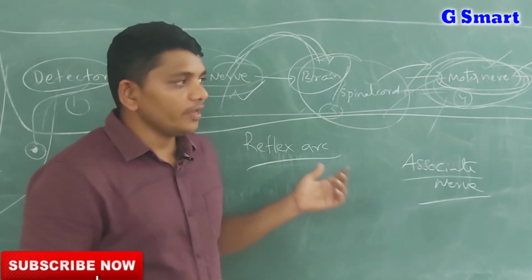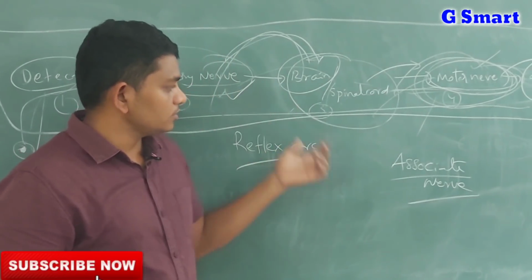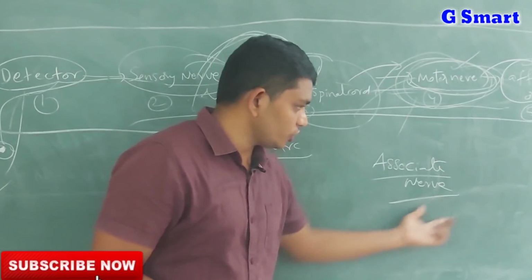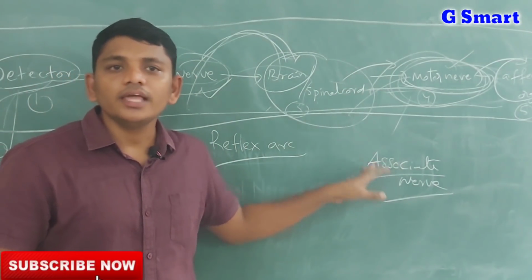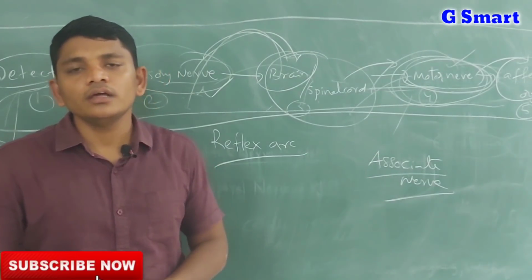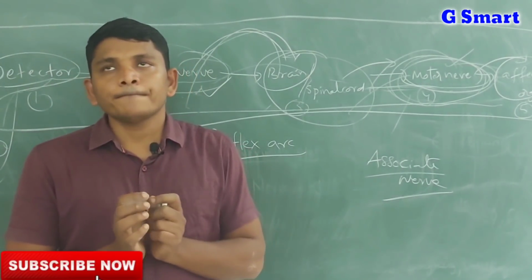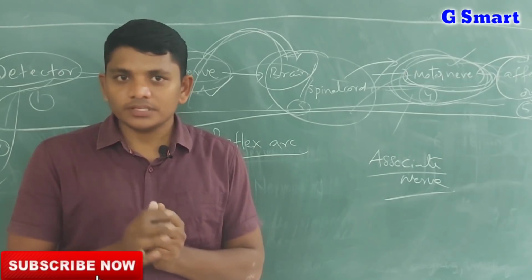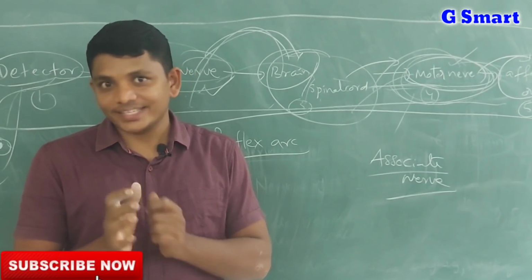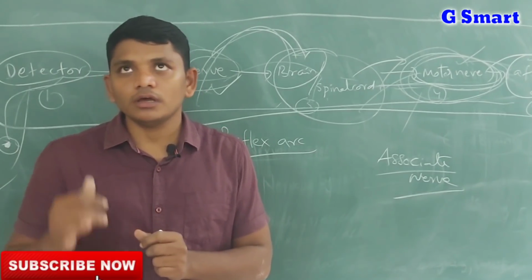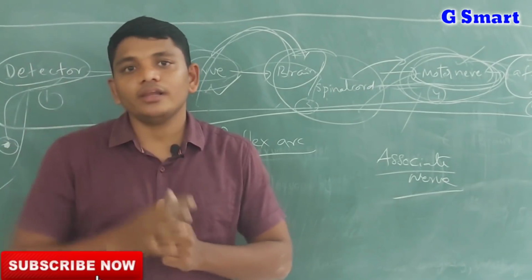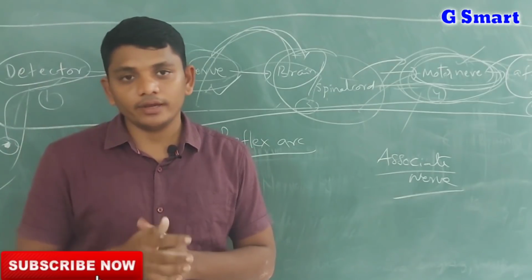Okay, so the spinal cord also has some nerves, they are called associate nerves. Associate nerves only appear in the spinal cord. They participate in some autonomous actions, which means the information may not go to the brain.